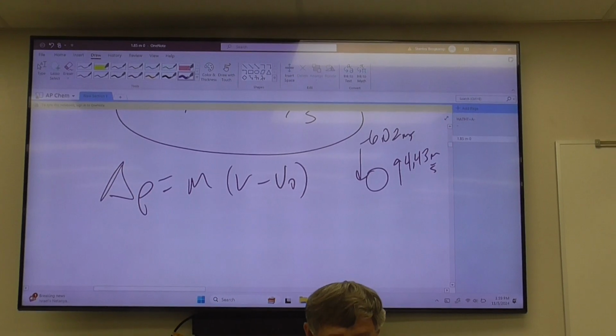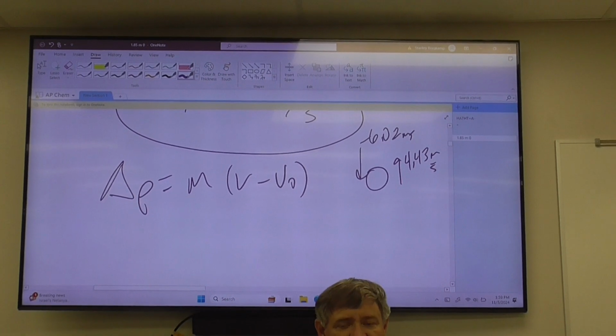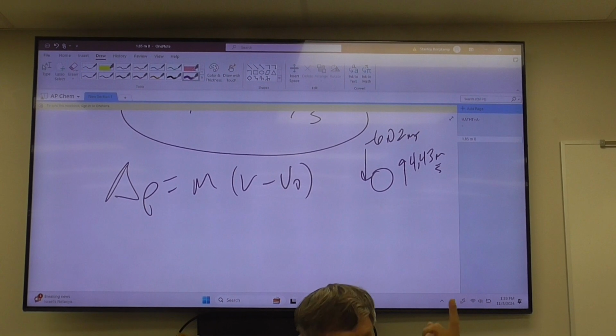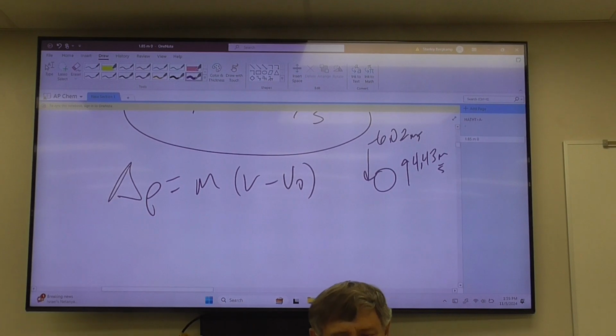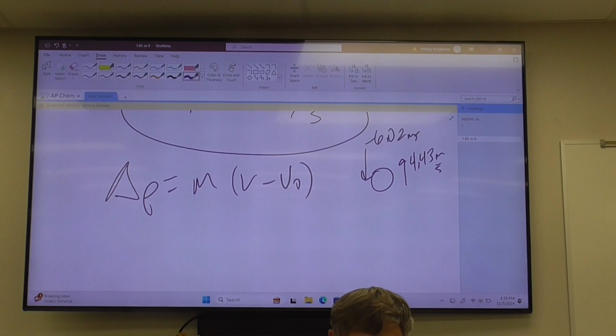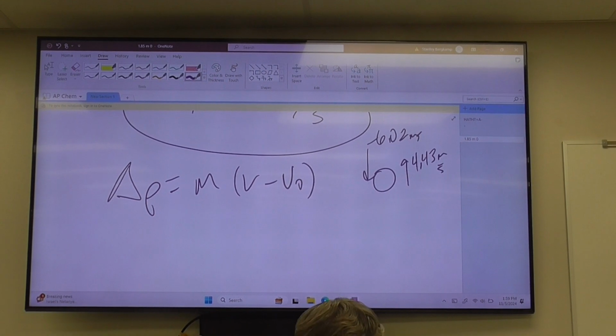True? So, here's my question. When it's in contact with the ground, which one of those two is my V naught? The negative 6.02 or the 4.43? Andrew. Negative 6.02. This is my V naught.